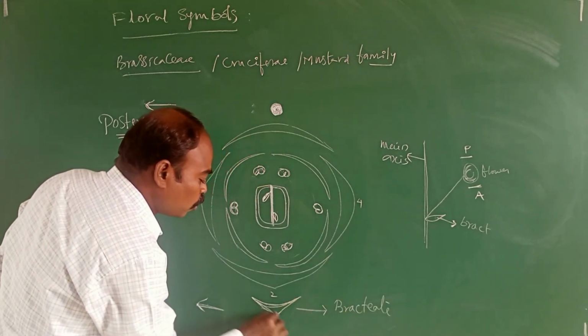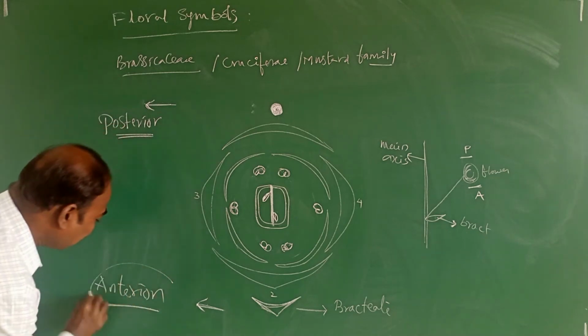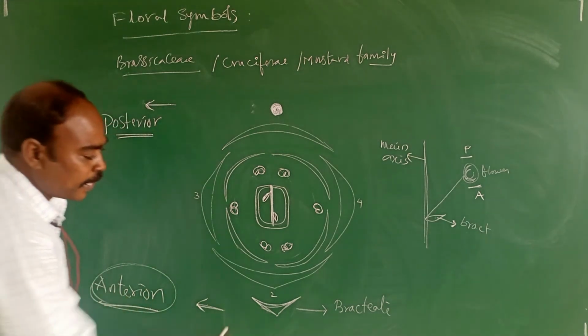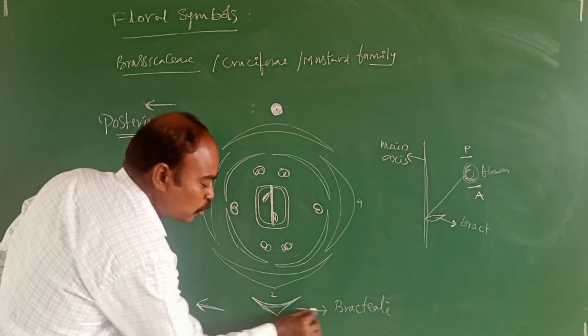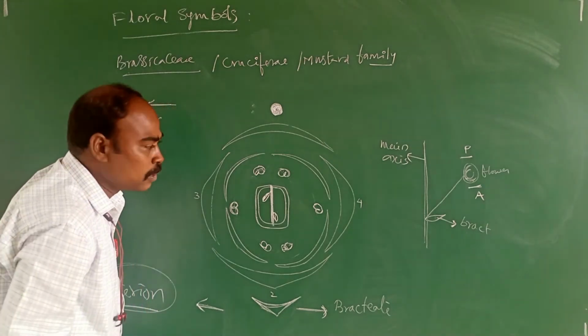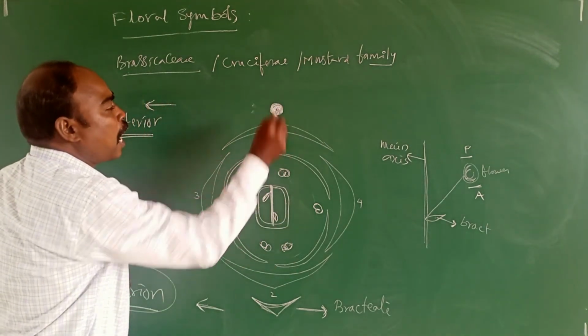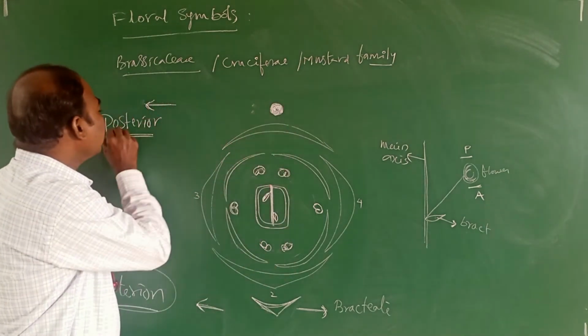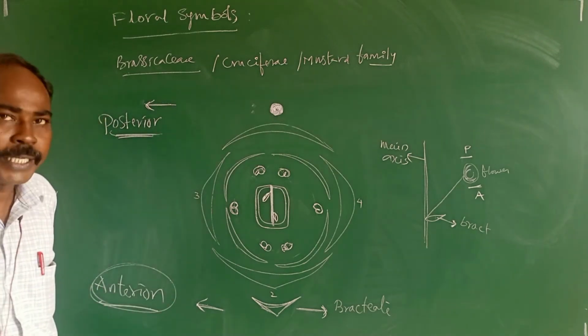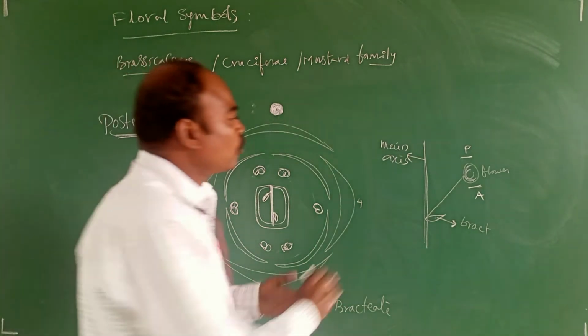So a leaf-like structure at the anterior position indicates a bract. A circle above the diagram indicates the posterior side, right? This is about the floral diagram.